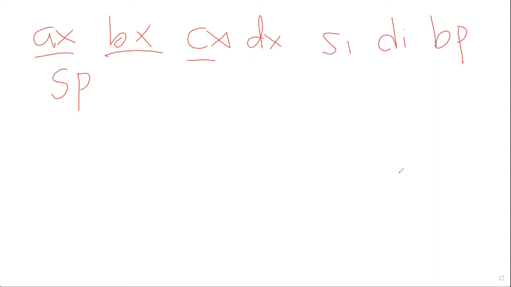And then the next one I will talk about is the BX. The BX usually refers to base. What it does is that you use it to hold indirect addresses. Now when we say indirect addresses, what do we mean?